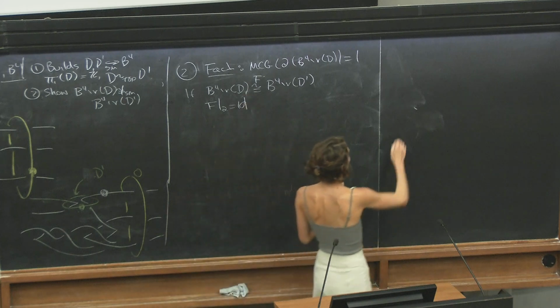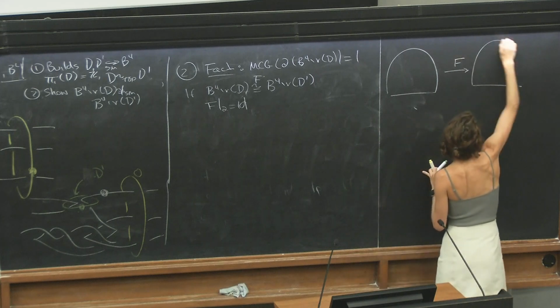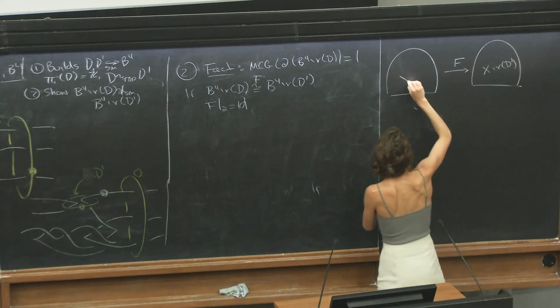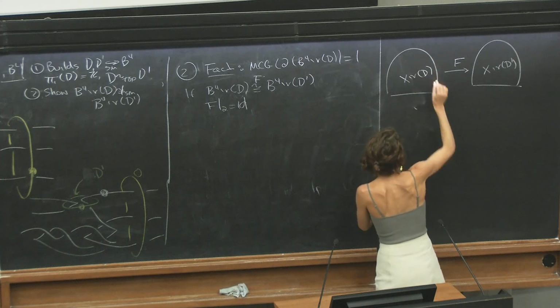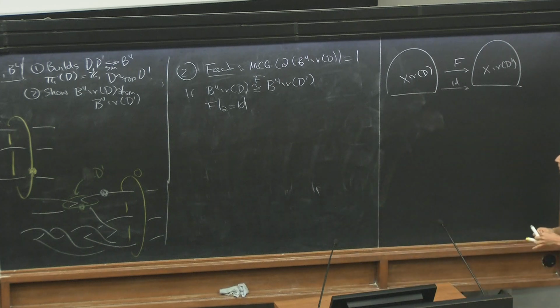So schematically, if we had a diffeomorphism, on the boundary it would have to be the identity. Good. Okay.